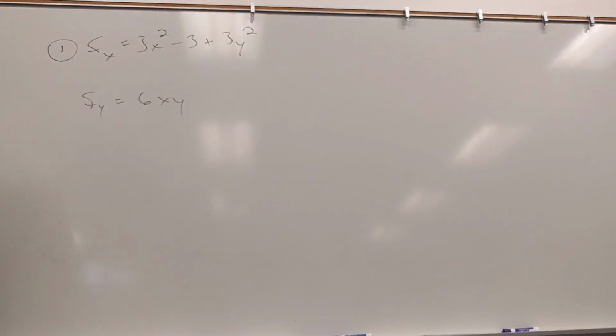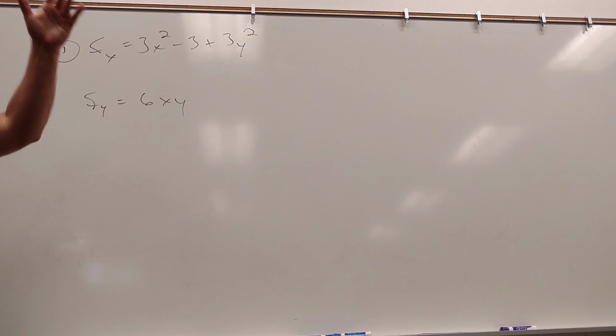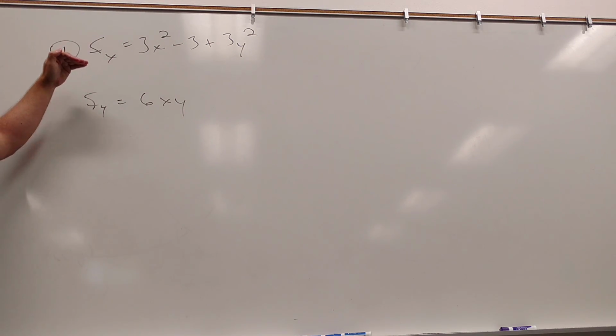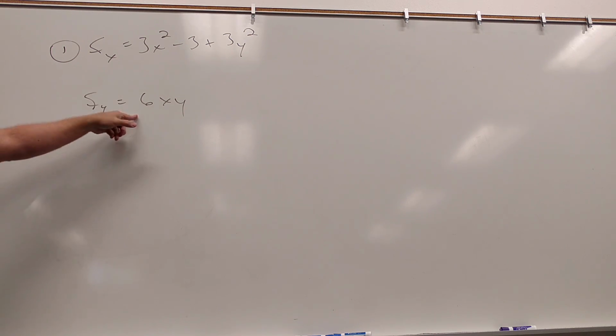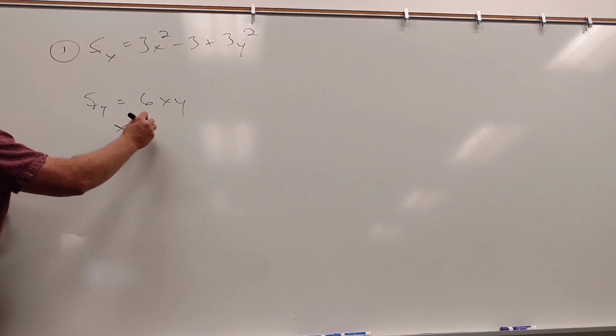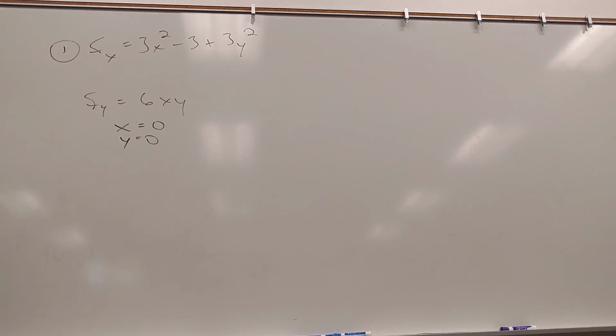Now, I noticed you need a value for x and some value for y that makes both of these 0 at the same time. The only values of x and y that make this one 0, so that's why I'm going to start here, because it's the easy one, are x equals 0 and y equals 0. You guys with me? Those are the only values I have right now that could possibly lead to something.